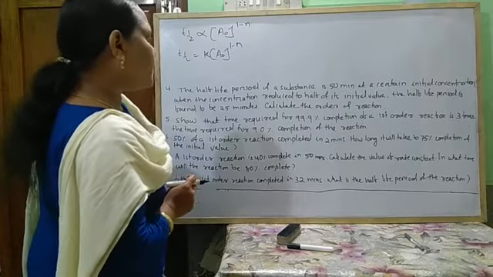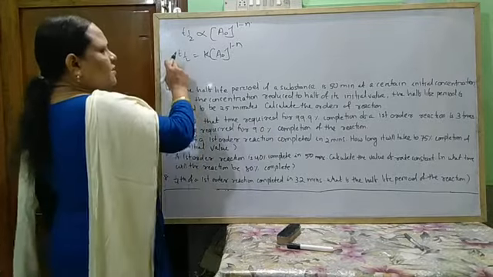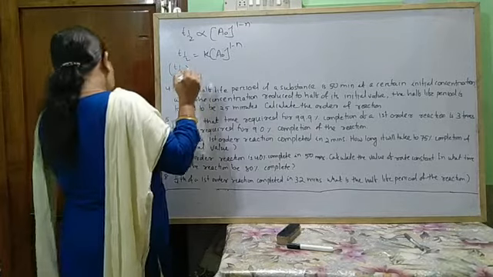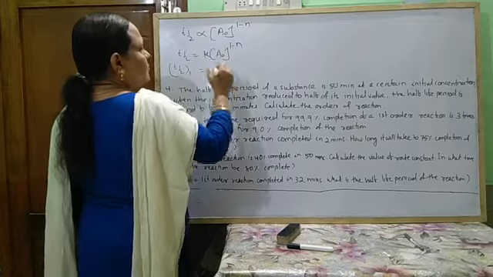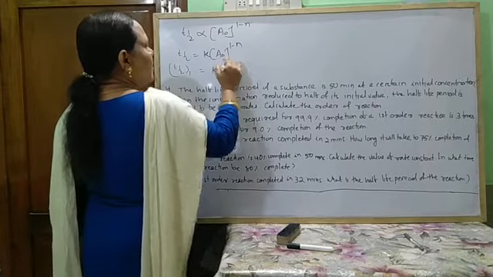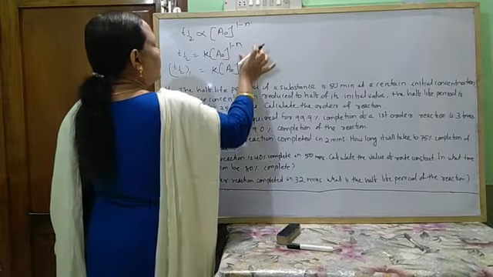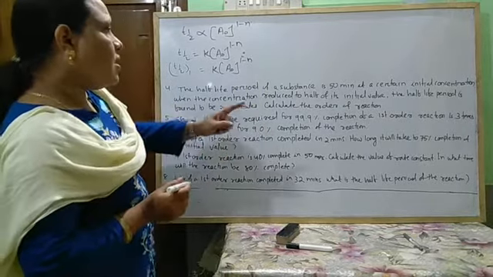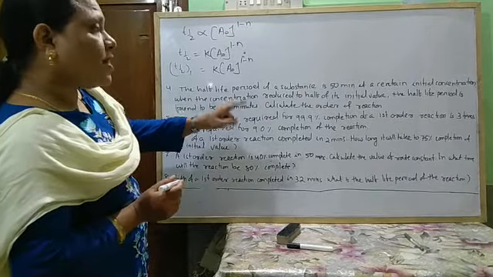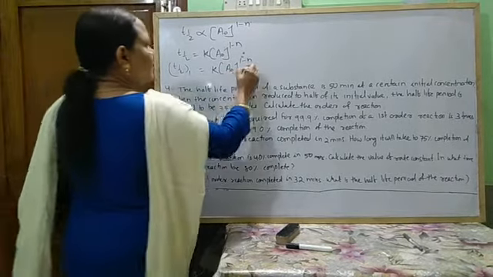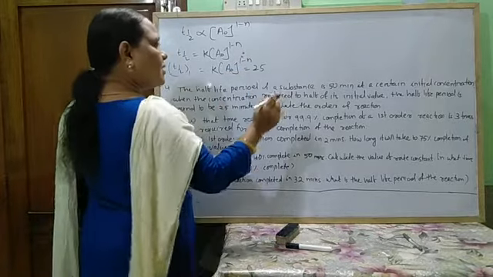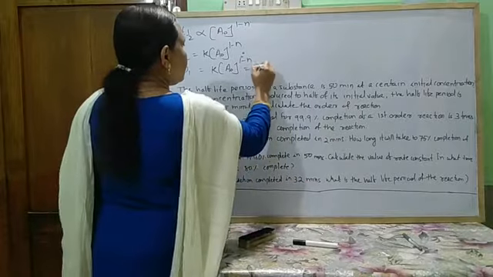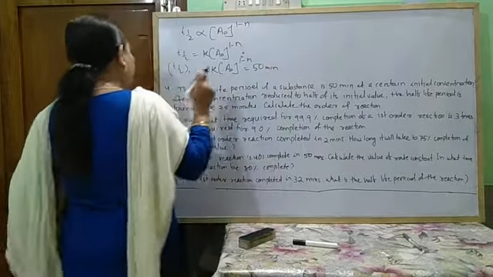In the first condition, T half equals K A naught to the power 1 minus n, and this is given as 50 minutes.